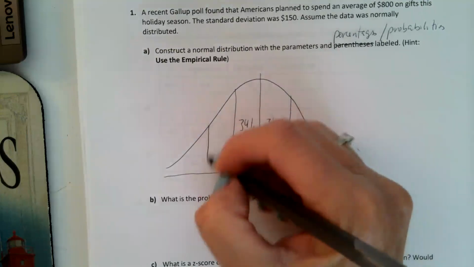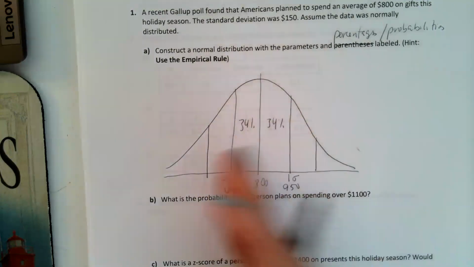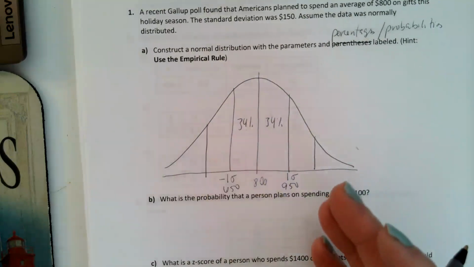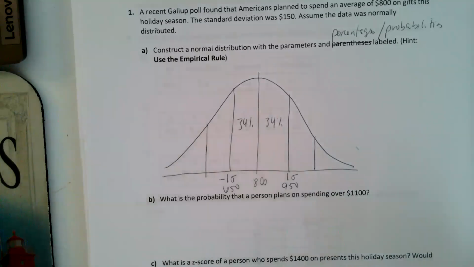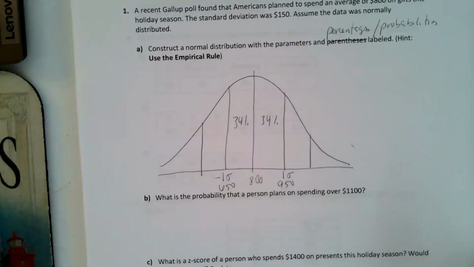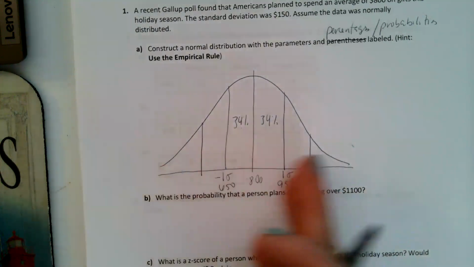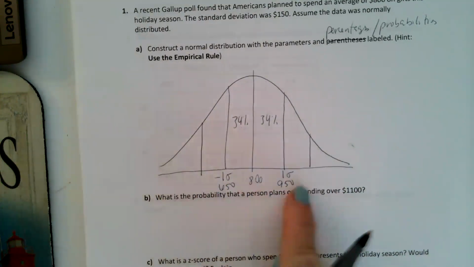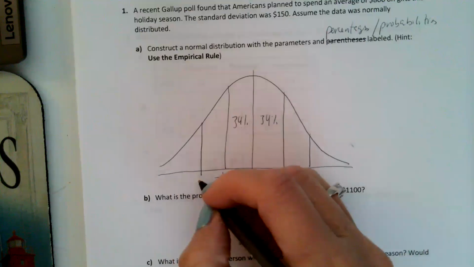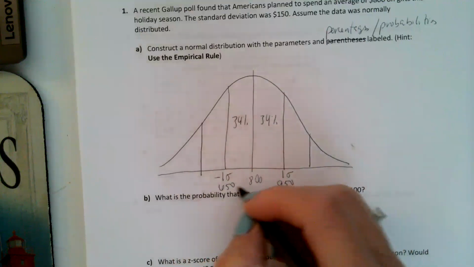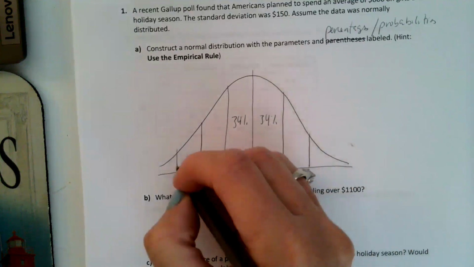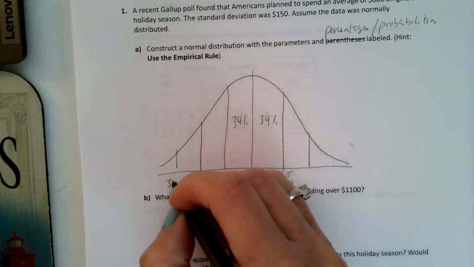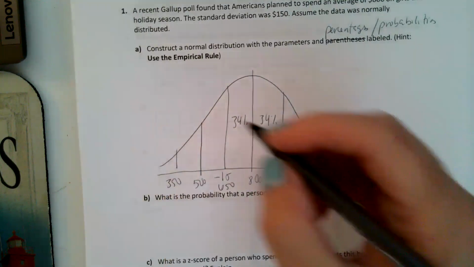Drawing this normal curve helps us look at these standard deviation marks and their probabilities using the empirical rule. However, we use the inverse normal distribution in Desmos to help us find probabilities and outcomes that are not on these specific standard deviations. So this would be 2 standard deviations, which is 500, and then 3 standard deviations, which would be 350.